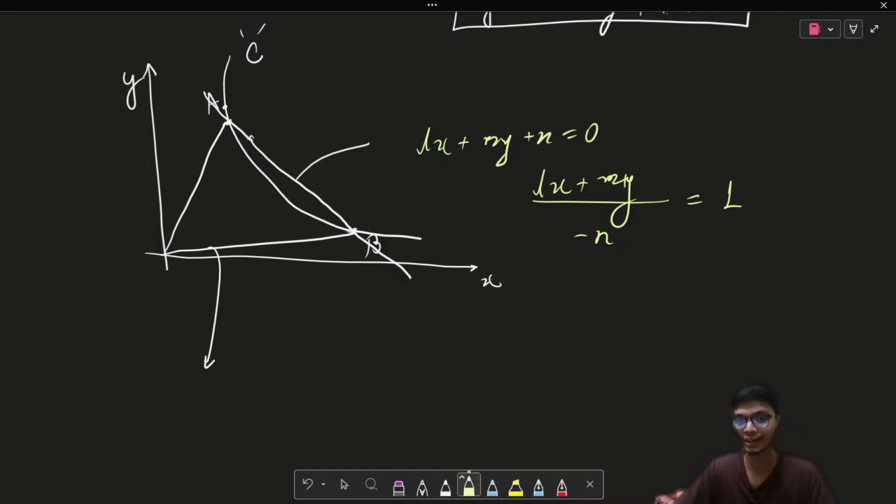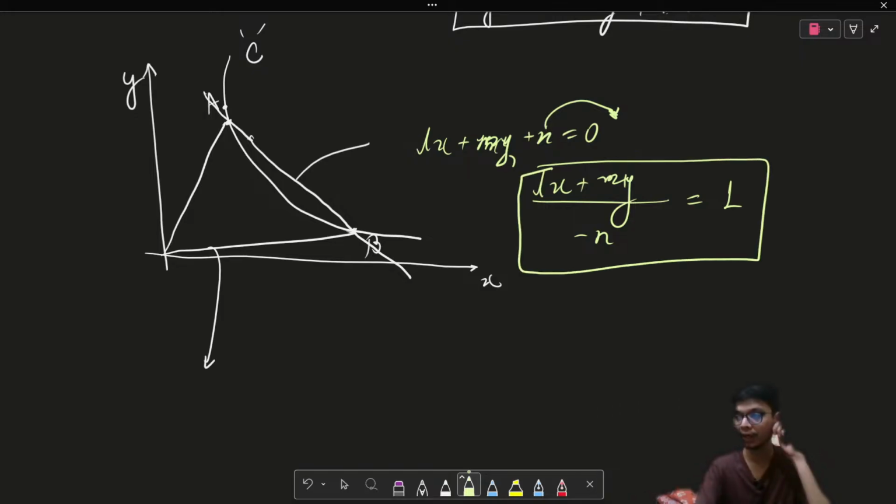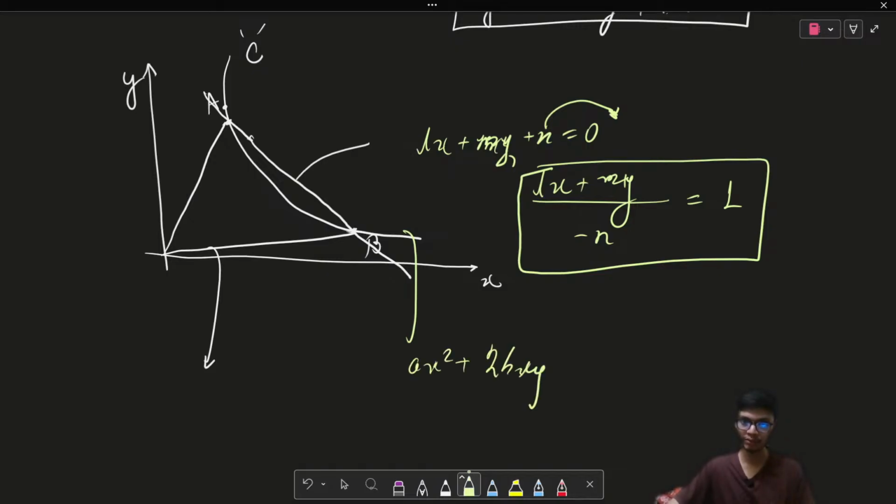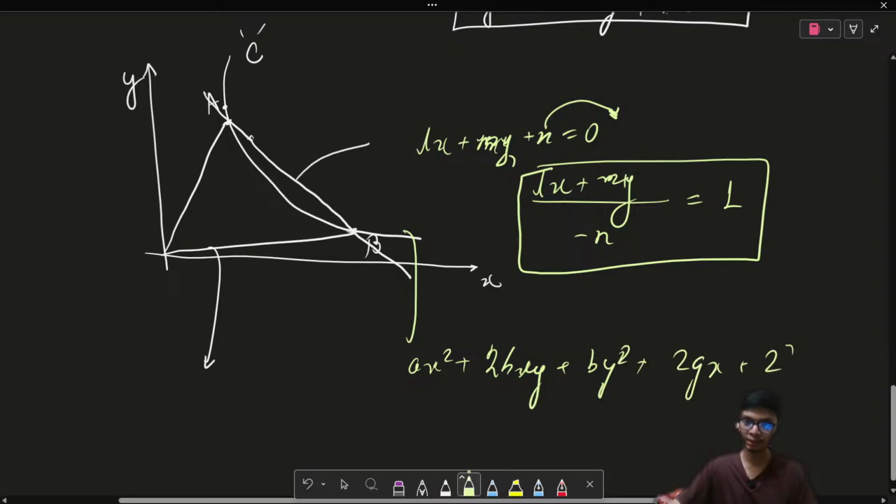I am taking this n on the right hand side and then dividing by minus n to obtain 1, right? It's a very interesting expression. Now this particular value is equal to 1. Now the general equation of the curve will be given as ax squared plus 2hxy plus by squared plus 2gx plus 2fy plus c is equal to 0, right?